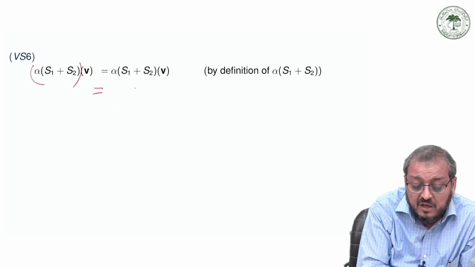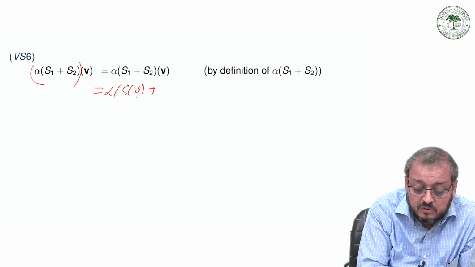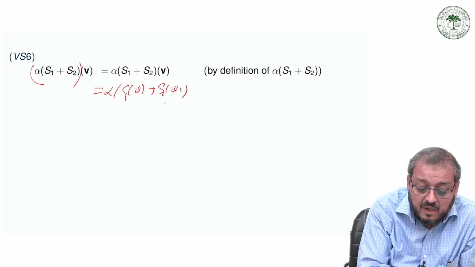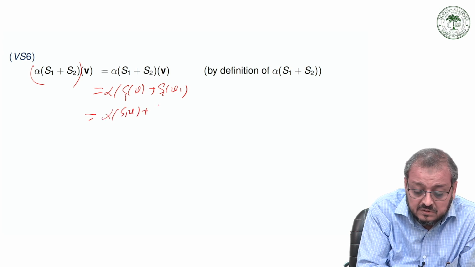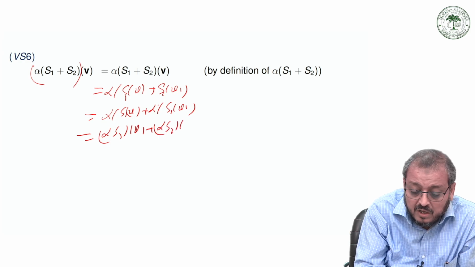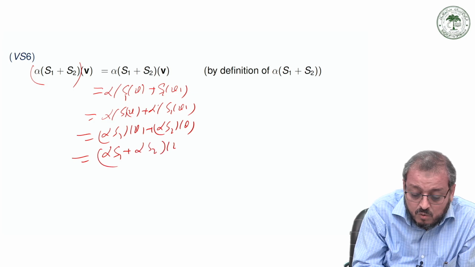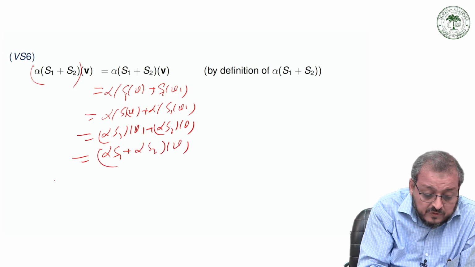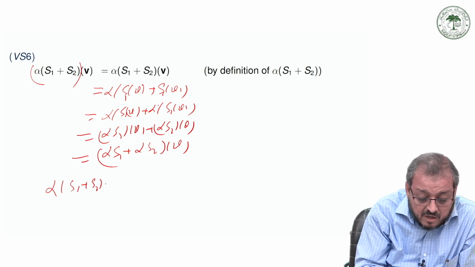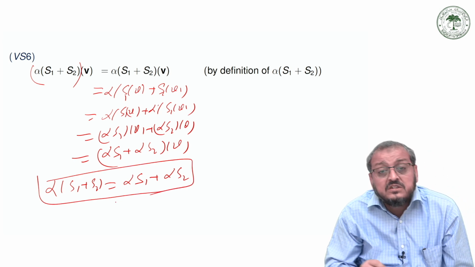We can write this using the sum definition, S1 plus S2 of V, and then again using alpha times, we have alpha times S1 V plus alpha times S2 V. By the product rules, alpha times S1 of V plus alpha times S2 of V, and this is nothing but alpha times S1 plus alpha times S2 over V, and this is true for all V. So we can say alpha times S1 plus S2 can be written as alpha times S1 plus alpha times S2, which also satisfies this condition.